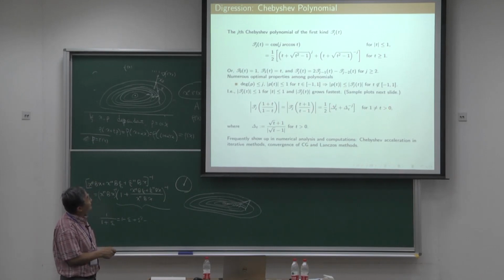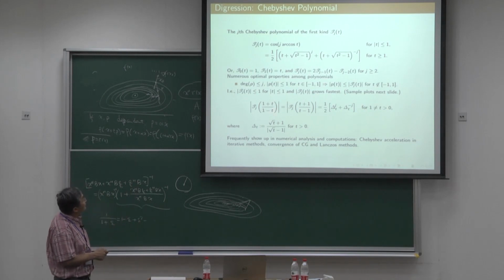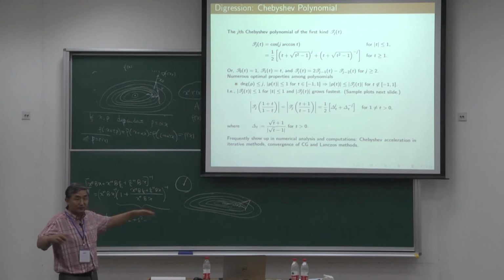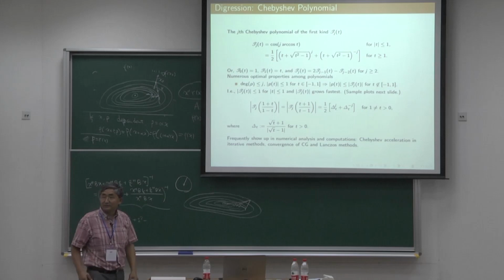The value can be evaluated as equal to this, where delta t equals the square root of t plus 1, again a number bigger than 1 for t bigger than 0, raised to the jth power. The closer t is to 1, the bigger delta t, and the faster the value grows. Now, when t is close to 1, that means this point is further and further away from 1.